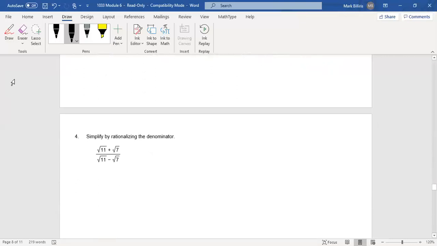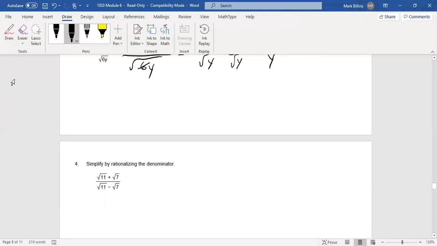Okay, so my next example, notice I have a binomial. Binomial meaning two terms. So I'm going to put these inside parentheses to remind me they belong together, and I can't do anything separate. Anytime I have a binomial and I'm asked to rationalize, this is where we're going to use the conjugate.